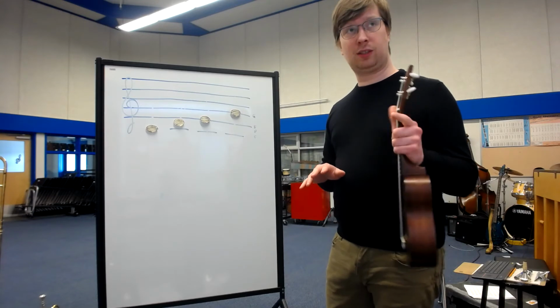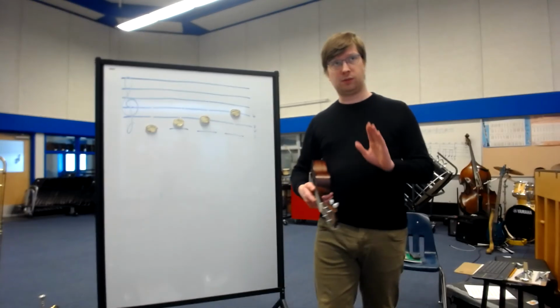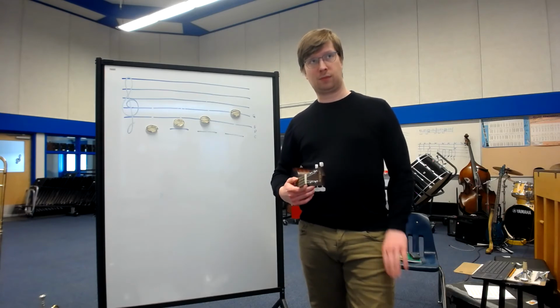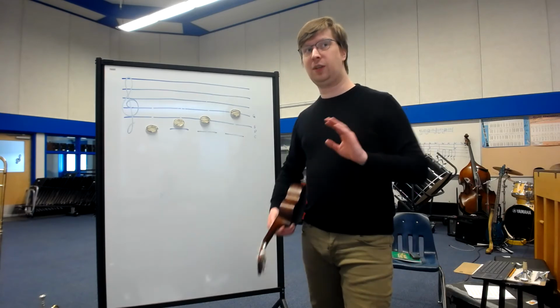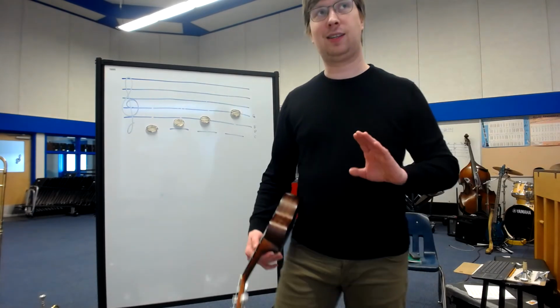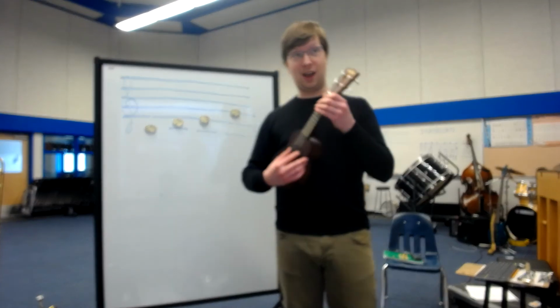Now, I have a little homework assignment for you. With those 4 notes, you can play Mary Had a Little Lamb. I want you to see if you can try and figure it out on your own. I want you to pause the video and see if you can figure out how to play Mary Had a Little Lamb just using C, D, E, and G. I will play it.